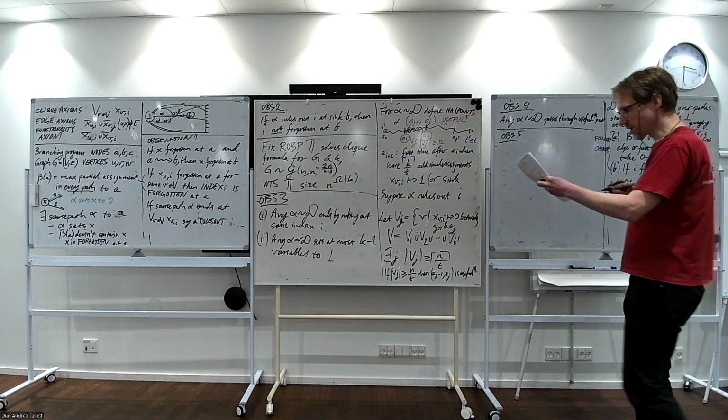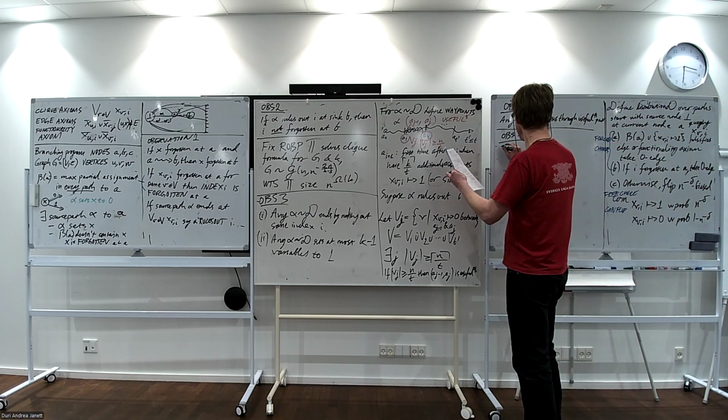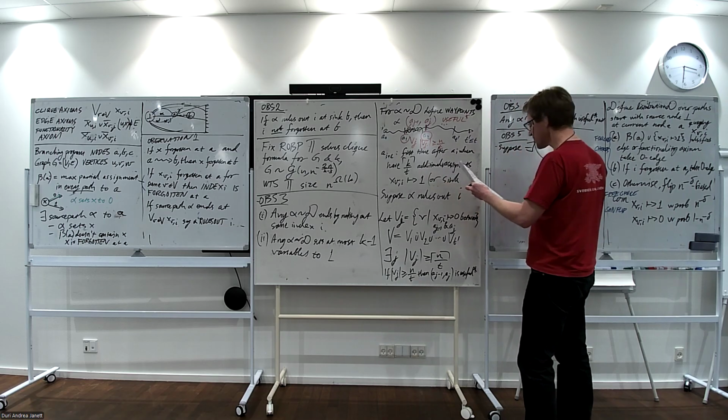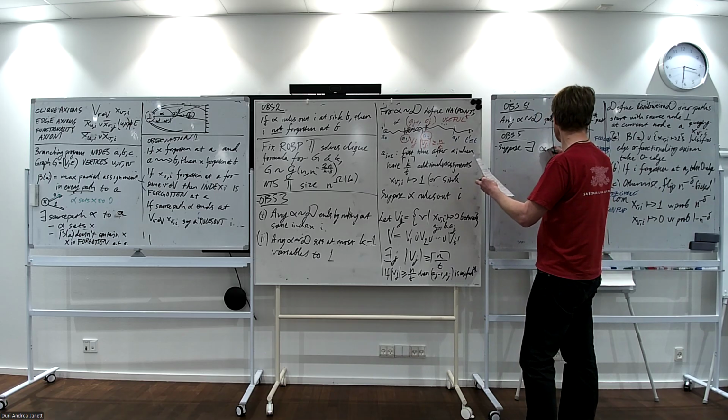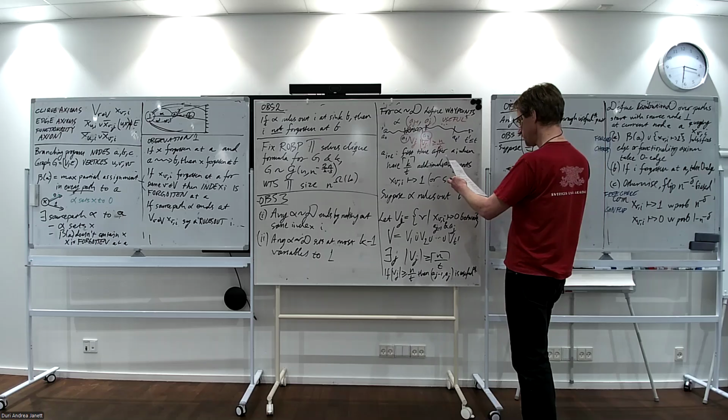Here's a crucial observation. Suppose there exists one path, some path, that has the following property.